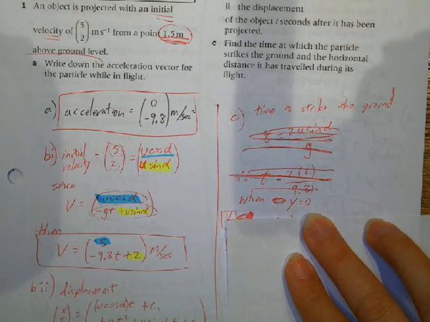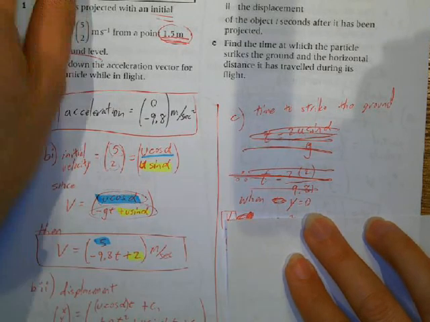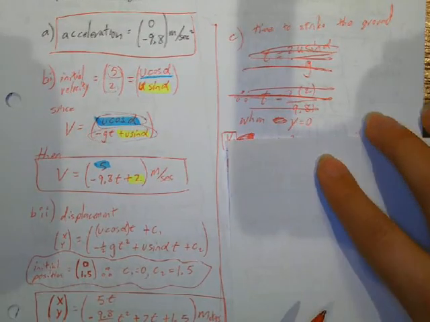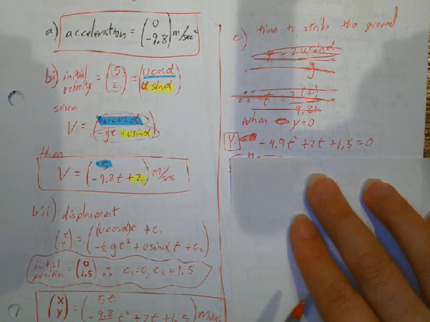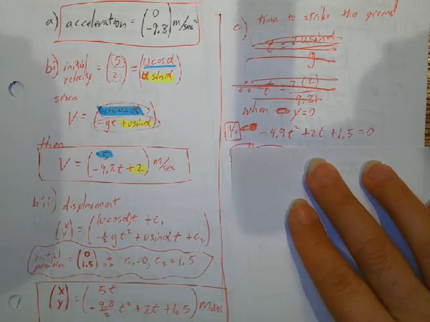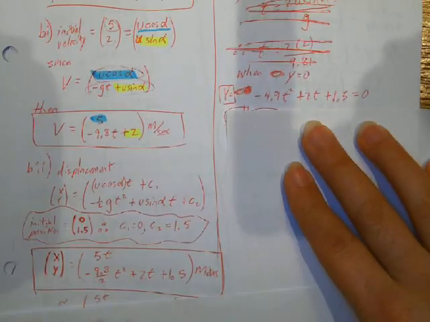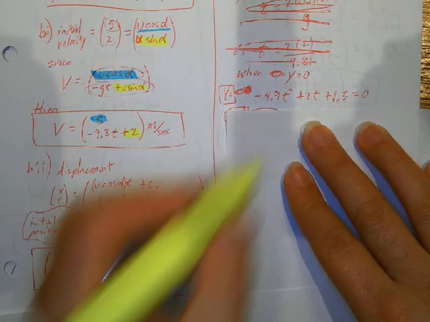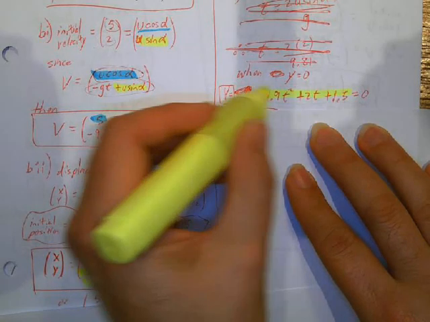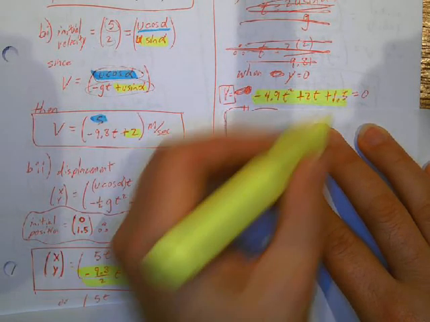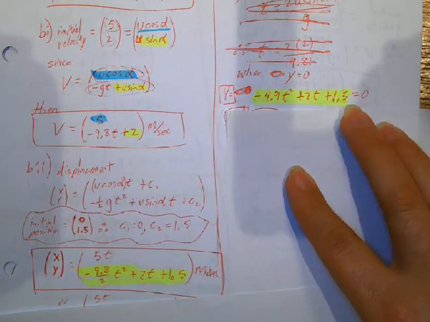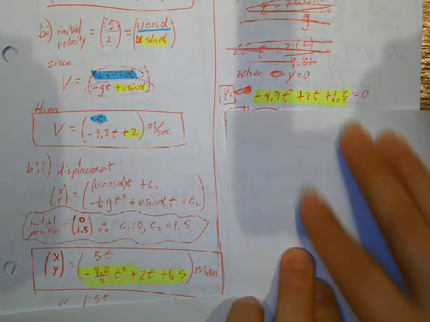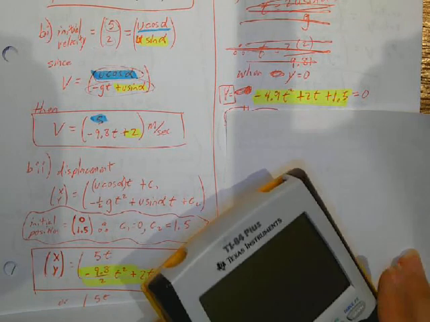You can see I made a mistake earlier and I had to rethink it. So y is going to equal 0 when I make this equal to 0. What I can do is plug this into my calculator, and that's going to give me the easiest way to figure out that time.